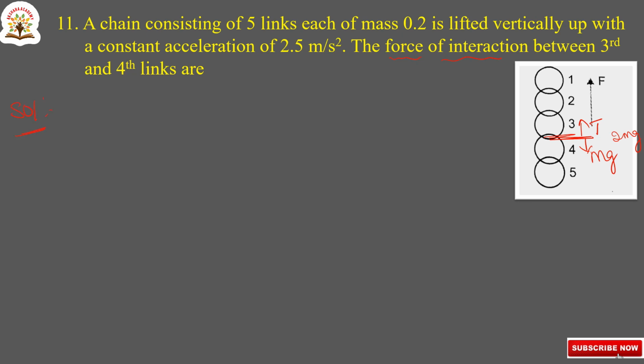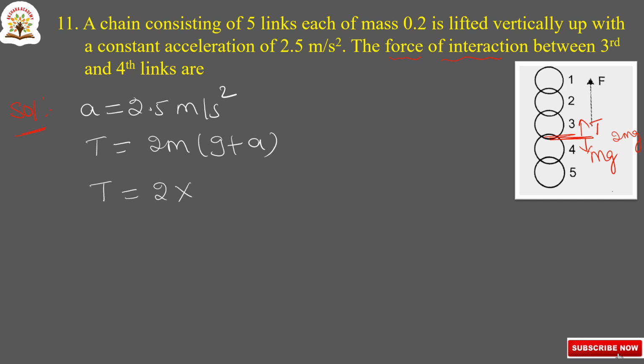Now let us go to the solution. They have given acceleration a is equal to 2.5 meters per second square, and T is equal to 2m(g plus a). So substituting the values, T is equal to 2 into m given as 0.2 and g given as 10 and a 2.5.